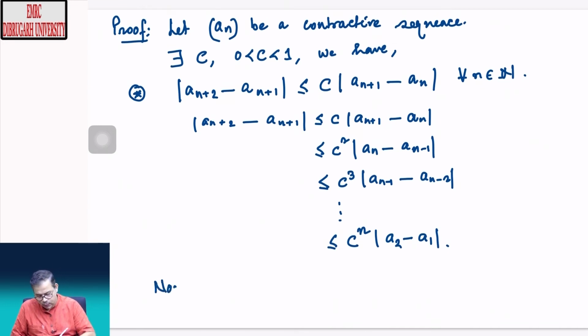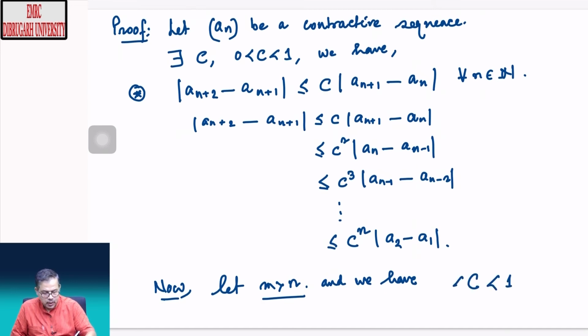Now, let m greater than n, and we have C lying between 0 and 1.